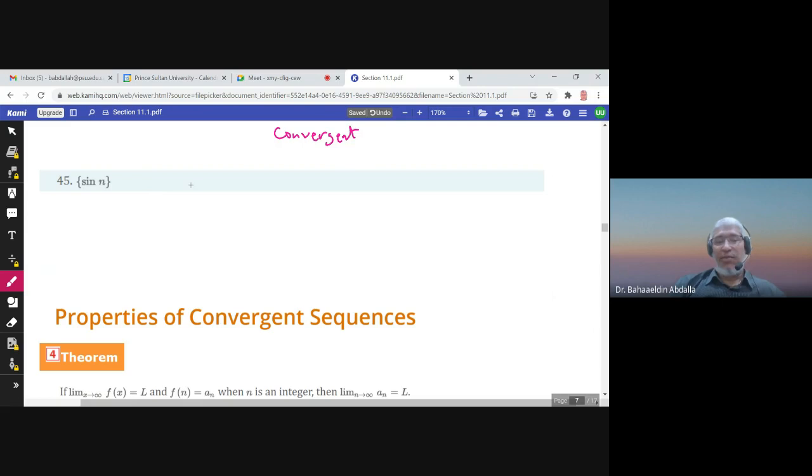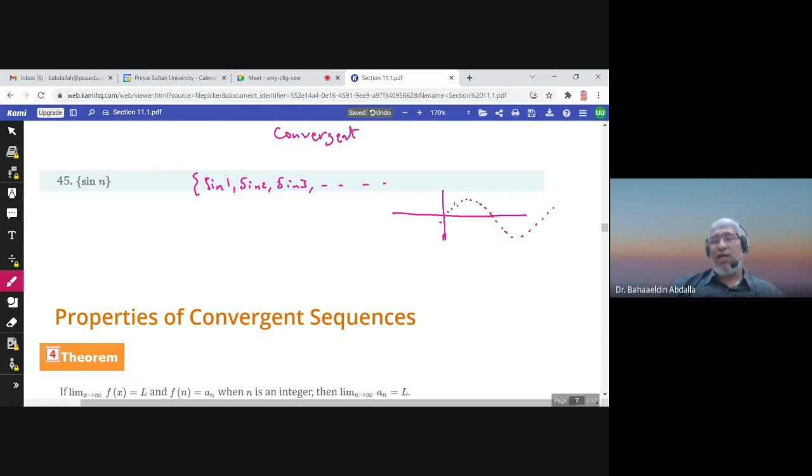Sine n. What are the terms of this sequence? It is sine 1, sine 2, sine 3, and so on. Well, what is the graph of sine n? I know the graph of sine x, but the graph of sine n, sine 1, for example, would be somewhere here, then here, like this.